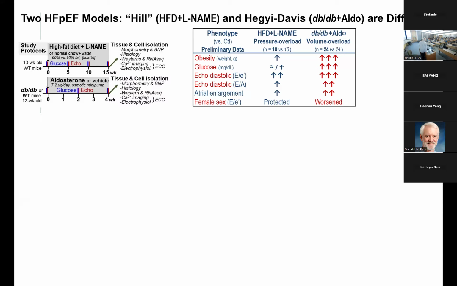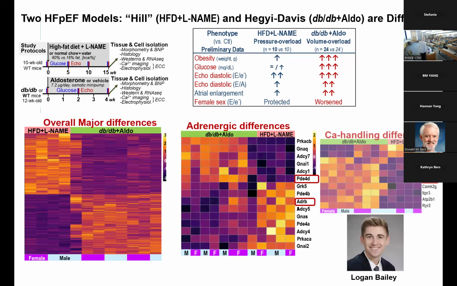And one of the things that we found really interesting that I'll follow up on here is that in the Hill model, the females are generally protected. And in our model, the females are worse. And we wanted to figure out why.